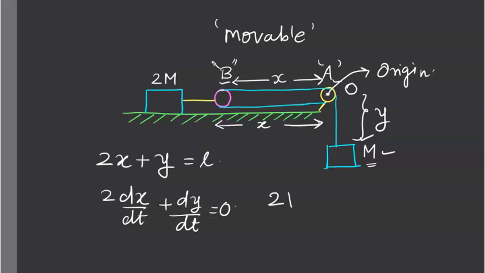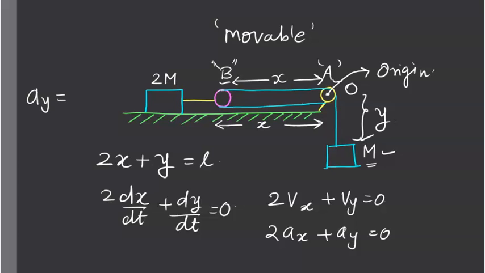So I will get 2 times Vx plus Vy is 0, or I can say 2 times Ax plus Ay is equal to 0. I differentiated again. So as a result, the final result, Ay is equal to minus 2 times Ax.